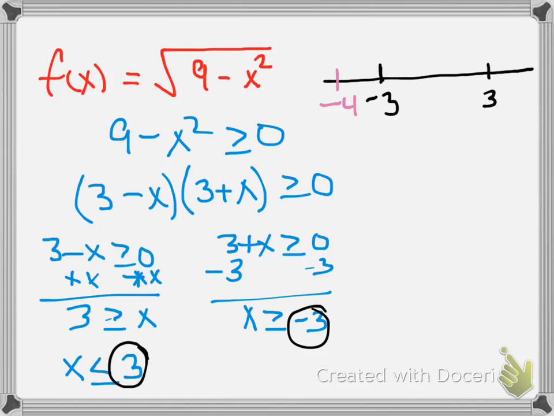If you plug negative 4 into the equation, I get 9 minus negative 4 squared, which will end up being 9 minus 16, I get negative 7. And we can't take the square root of negative 7. So this part over here does not exist.